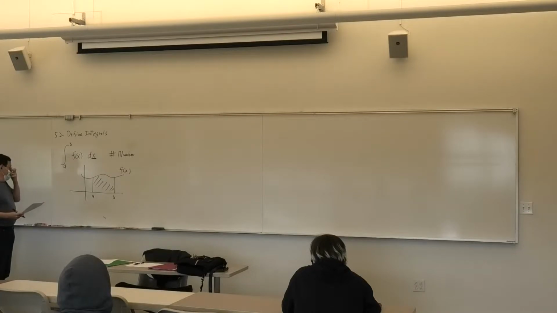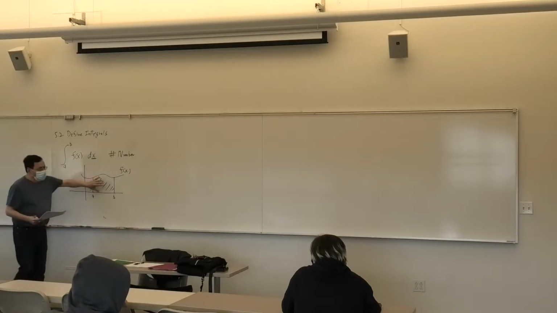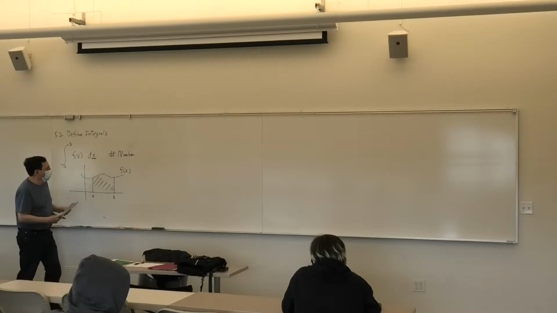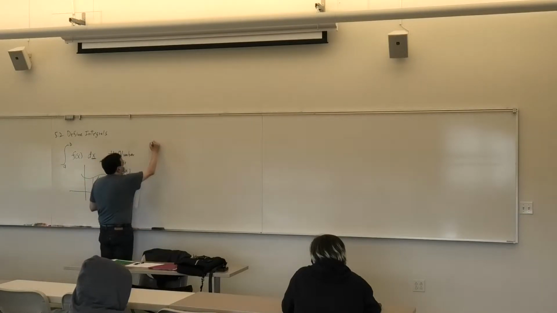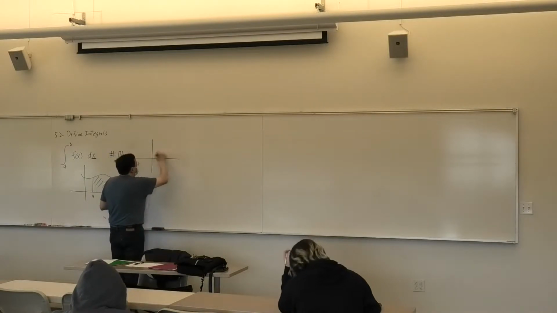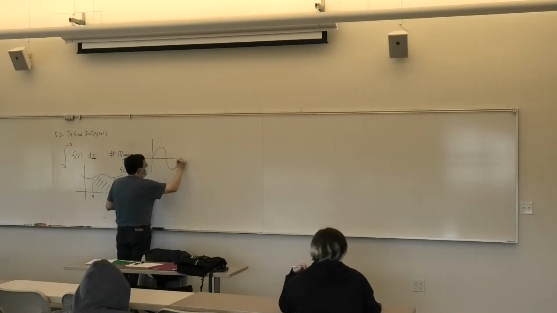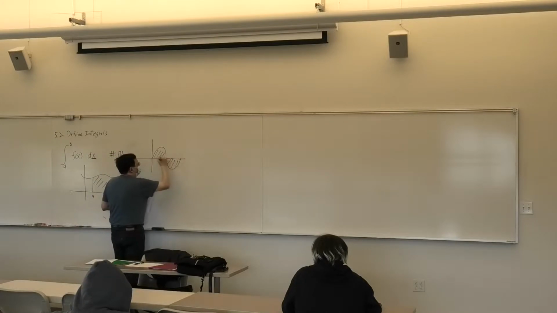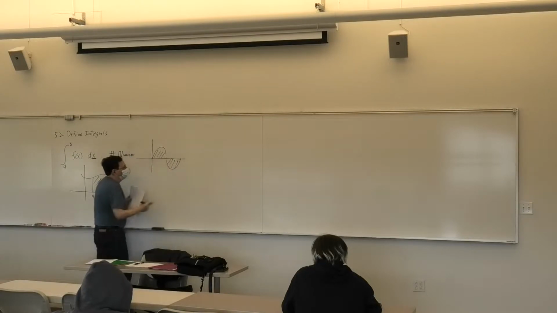And even though I use the term area, which implicitly is a positive value, we saw on Tuesday that you could have a function like the sine, and if you integrate from point a to point b here, you're going to get 0, because below the line this gets added up as negative area.